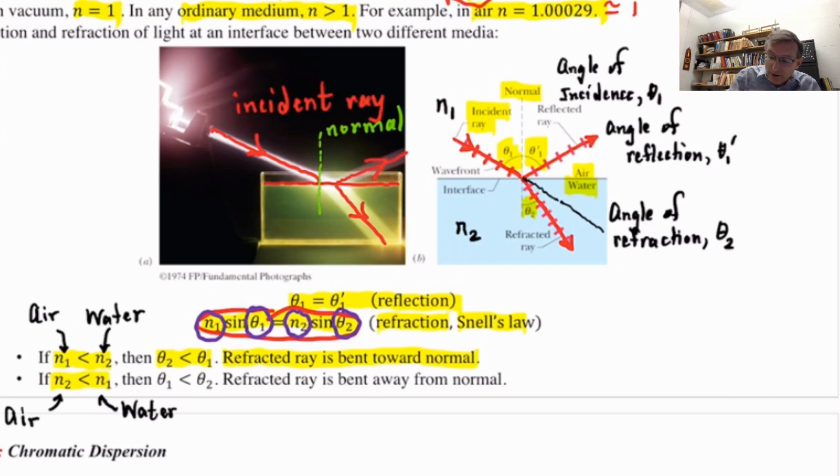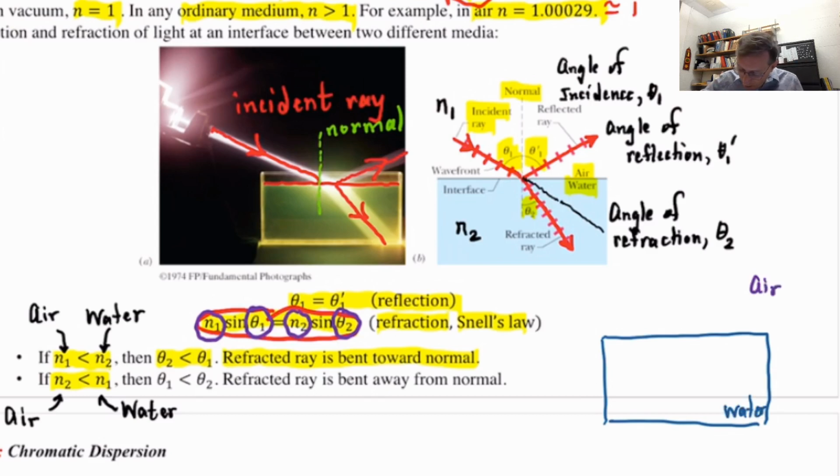So let me draw a new picture. Let me draw the tank of water surrounded by air up above. So there's the interface right along. And let me draw a normal to the interface for reference.